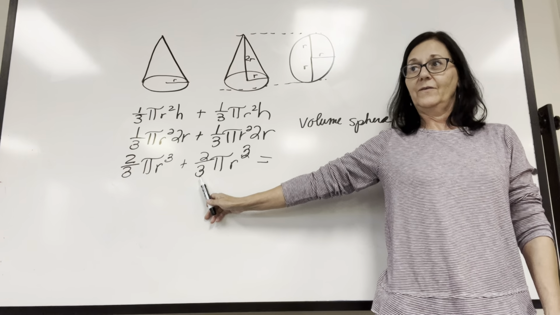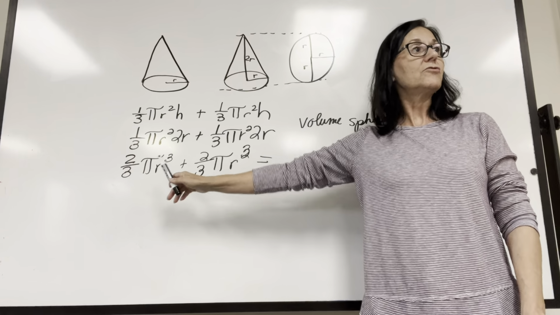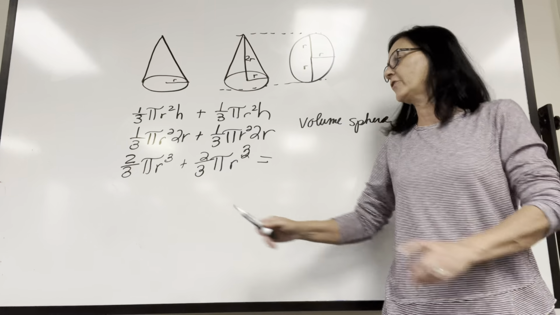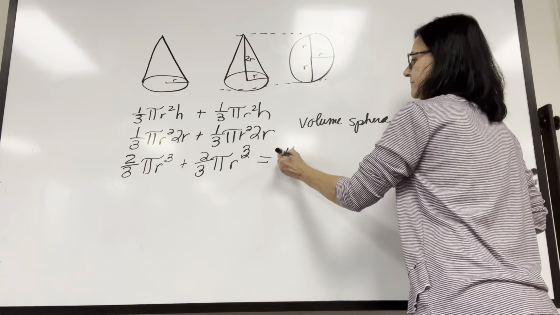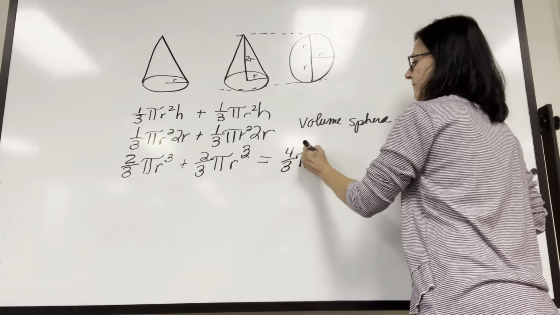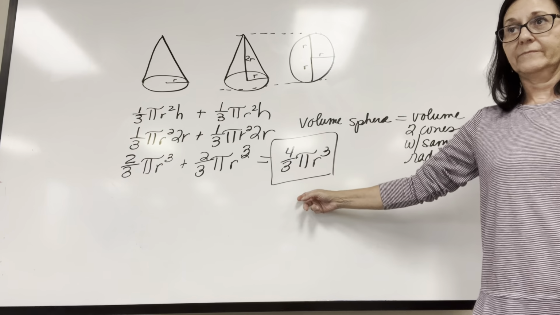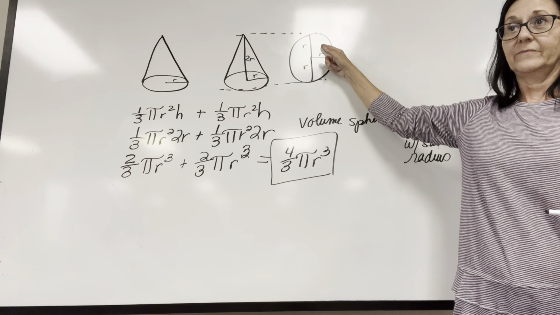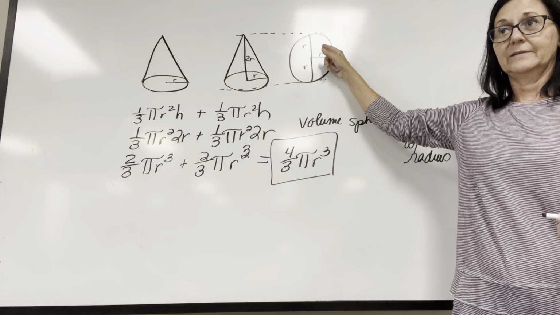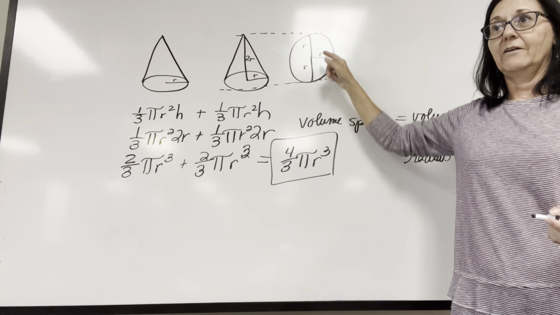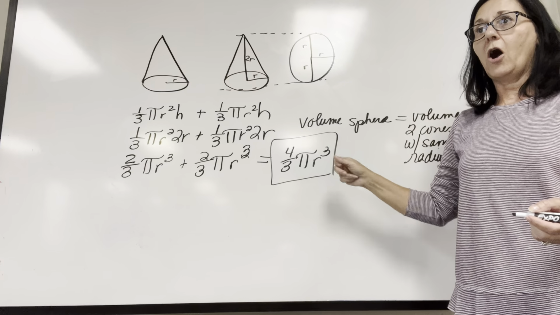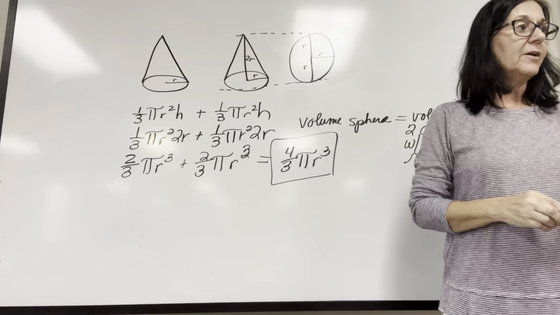The coefficients, yes. What's 2/3 and 2/3? 4/3. And this is the formula for the volume of a sphere. Any sphere. Volume, 4/3 pi r cubed. Why do you think we have 3's in here?